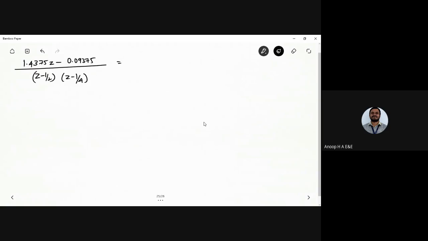Let me resolve it into partial fractions: A divided by (z minus 1 by 2) plus B divided by (z minus 1 by 4). I have resolved it into partial fractions.